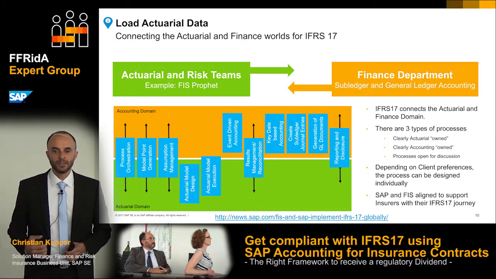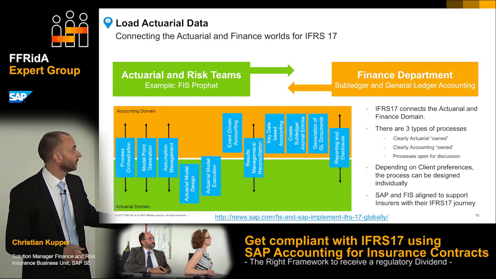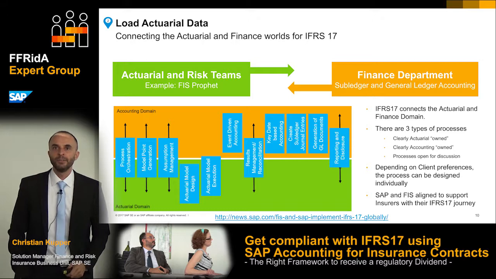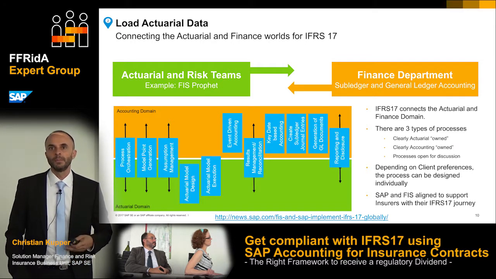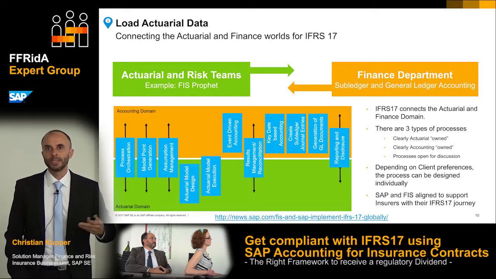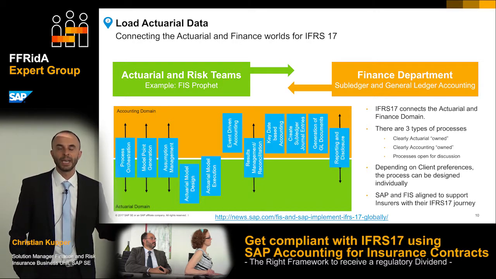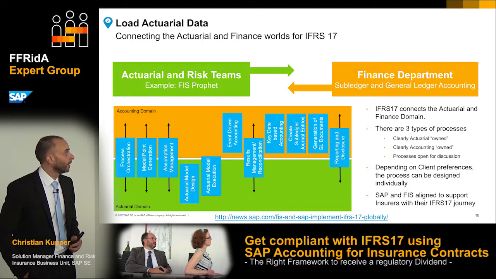Then on the other side, you have processes that are clearly finance owned. It's mentioned as event-driven accounting, meaning the accounting anytime an event happens, like a premium payment comes in or a claim is paid out.